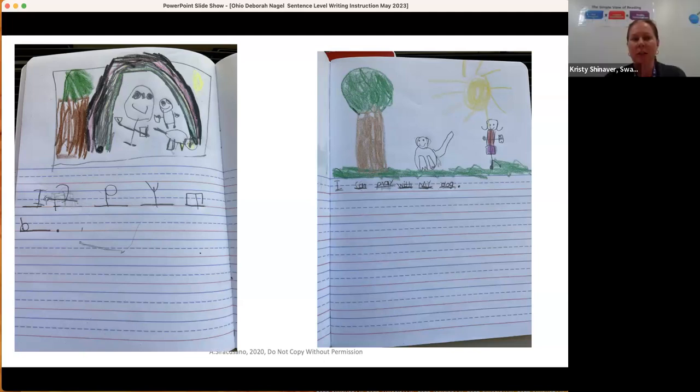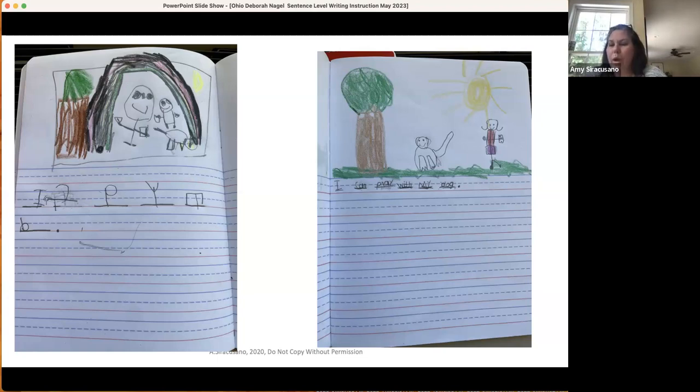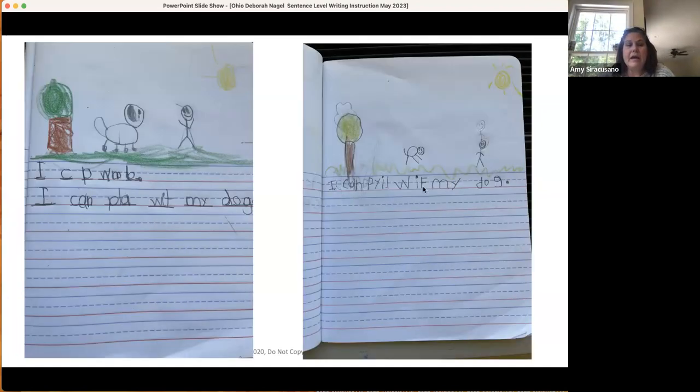Because of the sound that the letter name begins with. Yes, why with, absolutely. And then my, we've got to work on making the letter M. And then dog, backwards B, right? This kid is really far along, looks just like teacher writing, right?